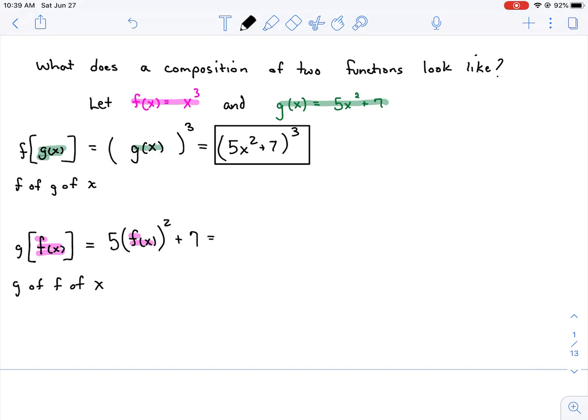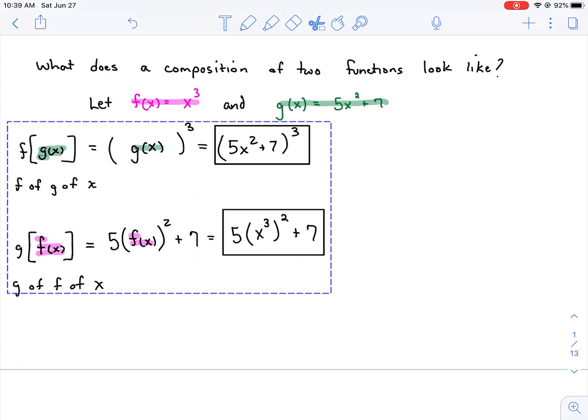Well, that is equal to x cubed. And that can be simplified further, but I'm not going to at the moment. I'm going to leave it just like that. So the function that I just boxed is g of f of x.